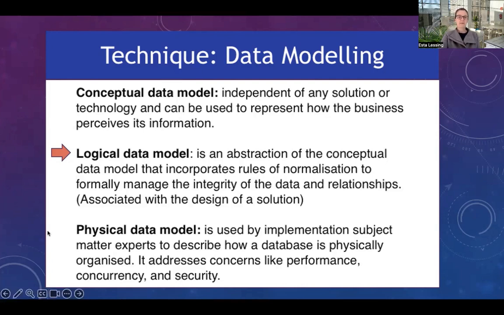And they will then go and say, okay, how can we actually physically implement this logical design? And then the data analyst or the data architect will go and design the physical data model. So we don't actually, as business analysts, tend to get involved with the physical data model. We are mostly concerned with the logical data models.